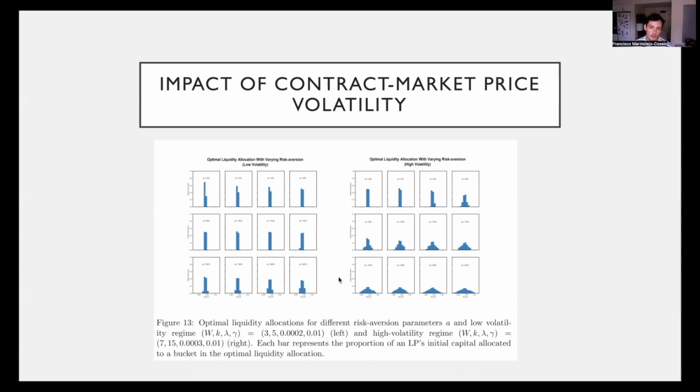And we saw something that we would have expected as well: on the left-hand side, we see a low volatility process, and the right-hand side, high volatility. And in general, the higher the volatility, the more spread out a liquidity provider will make their position, given how risk averse they are. And again, this makes sense because price deviations are riskier when you have more concentrated positions as a liquidity provider.